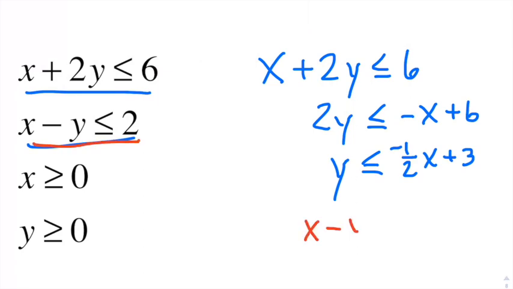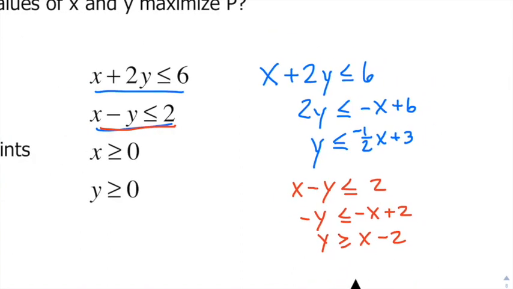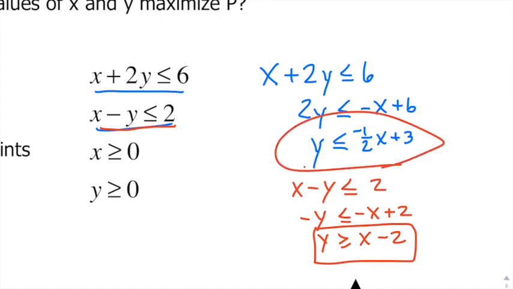So it's x minus y less than or equal to 2. We need to subtract over x, so negative y is less than or equal to negative x plus 2. And then we need to flip our inequality sign around because we have to divide by a negative. So that'd be y is greater than or equal to x minus 2. All right, so these are all the equations. That one, and then these two right here.